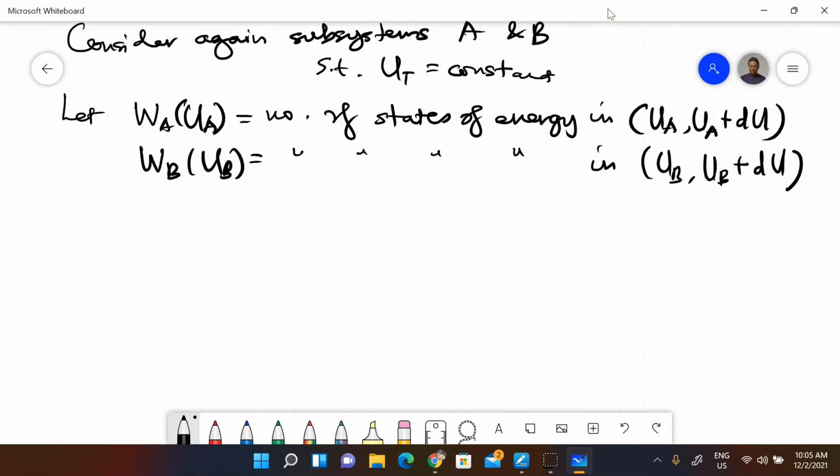The other assumption one needs is that the dU here is considered very much less than UA, such that statistical probability is well defined.